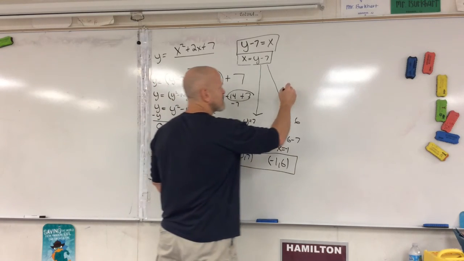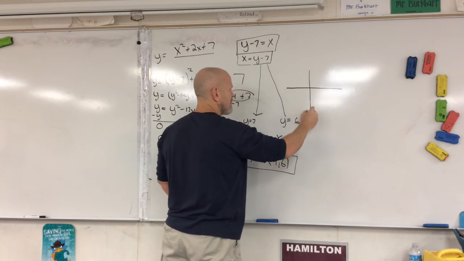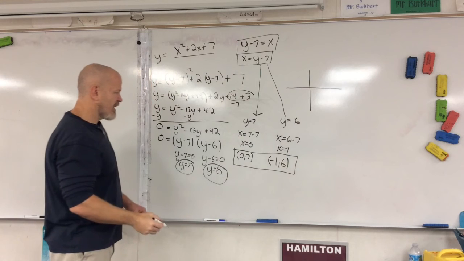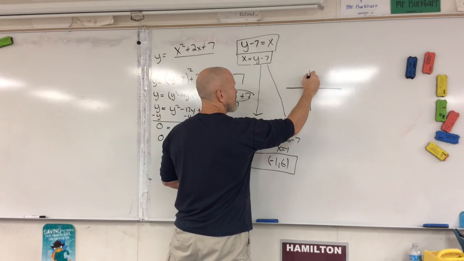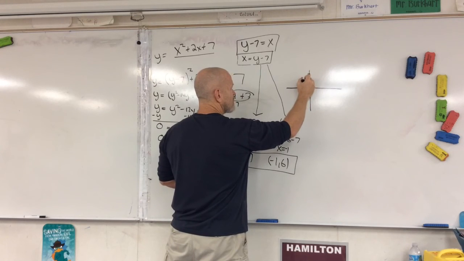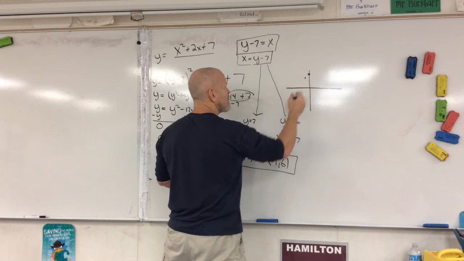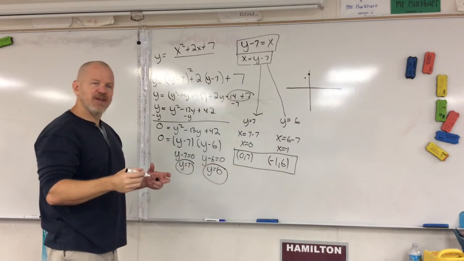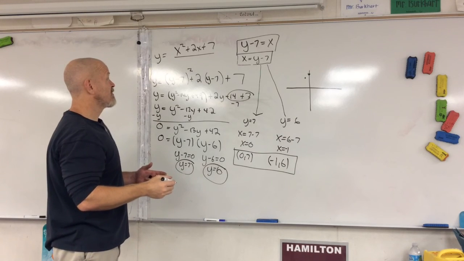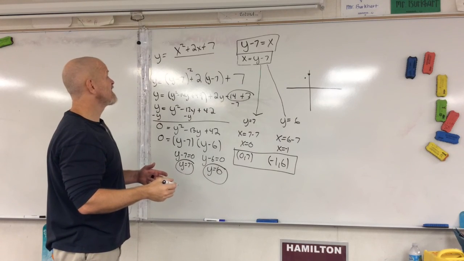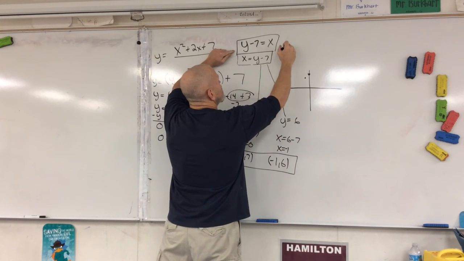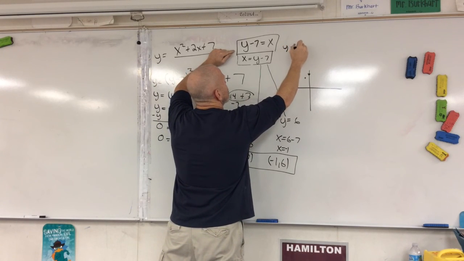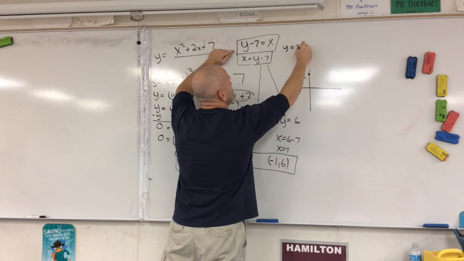All right. Just real quick, here's probably what's happening. We've got a parabola, and it's 0, 7. Let's see where that would be. 0, 7 would probably be right about here. Negative 1, 6 would be right about here. So we've got a parabola that is somehow being touched by a line that's going through this. And if I was just to guess at this line, which I will, this would be y equals x plus 7.